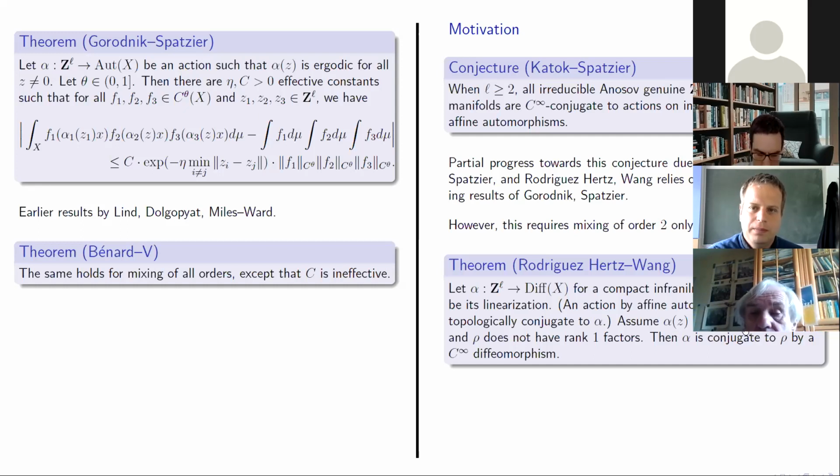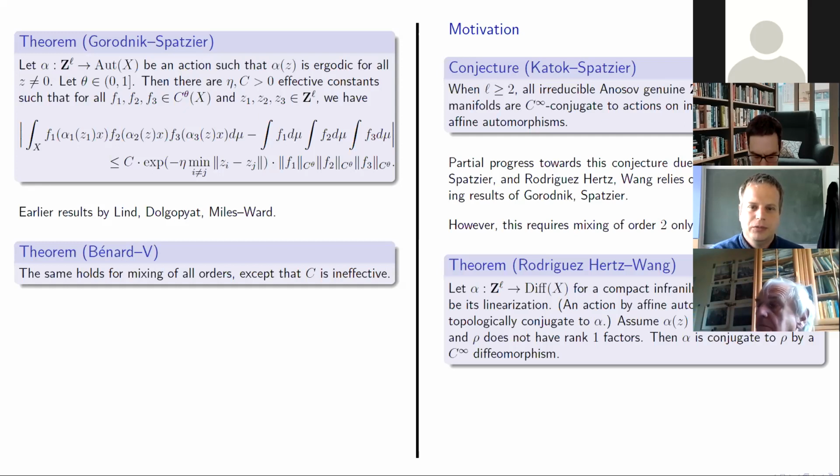And actually, in the paper of Fischer, Kalinin, and Spatzier, they proved this result under the assumption of having more Anosov elements, and they were speculating that maybe the conjecture would be false if you just have a single one.